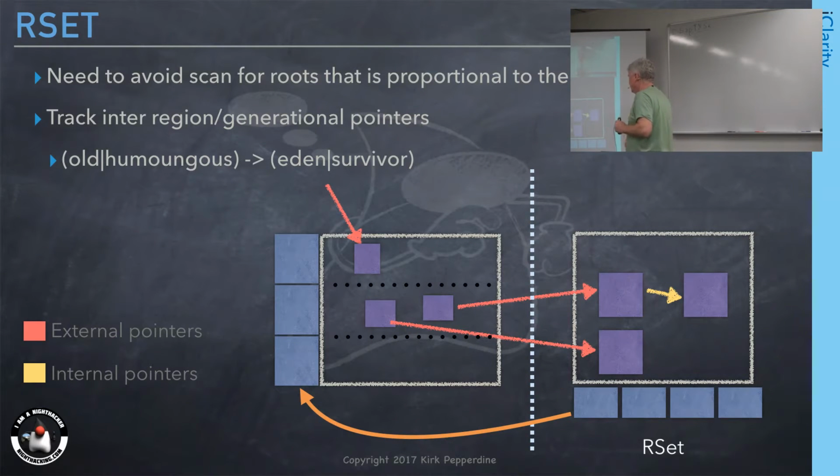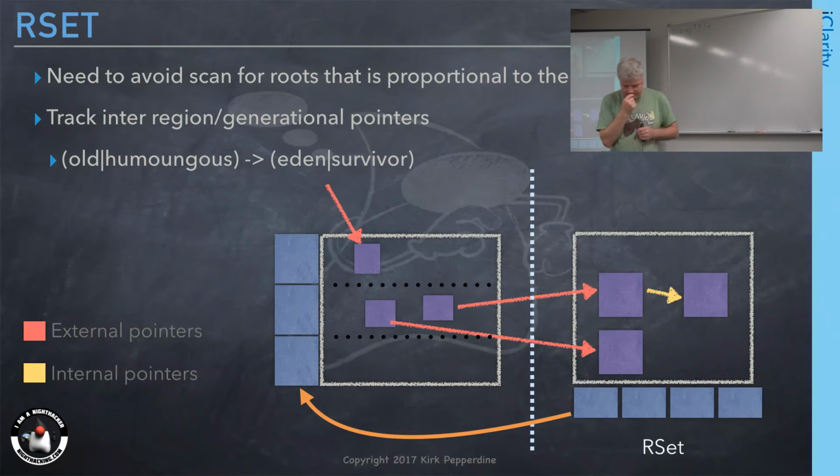And so to find all of the external pointers for this particular region, I just need to go to its remembered set, and the remembered set will have that information. So I can just get all the pointers by doing some work with this particular data structure out here.